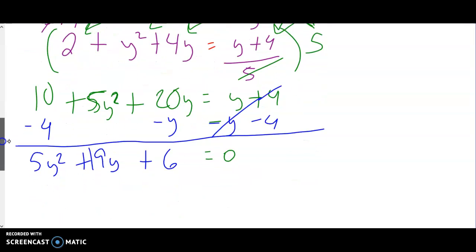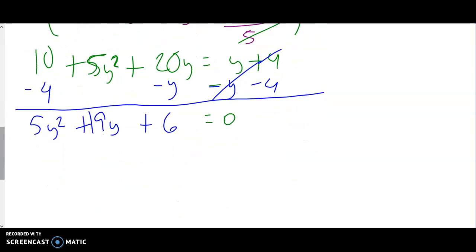A nice quadratic here. Factor it if possible. If not, completing the square always works, as does the quadratic formula. So I am going to try to factor this guy. You can do slide and divide or just guess and check.